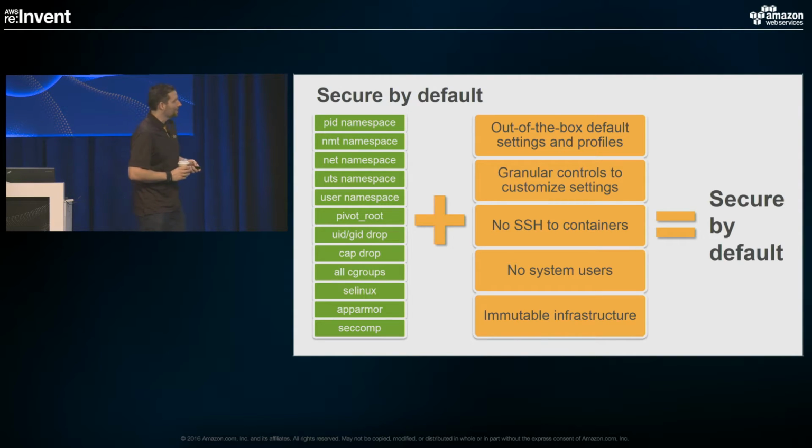However, there are a number of items that actually make the container solution more secure by default, just by the way containers are implemented. So we have, for example, the namespaces that handle the isolation for it. We also have the ability to add tools like SELinux, AppArmor, SecComp. I'm going to talk a little bit later about what they are. But we also have a lot of out-of-the-box default settings that will increase security on the containers.